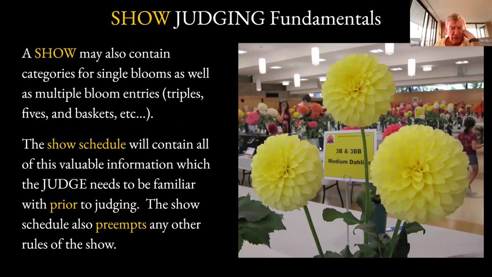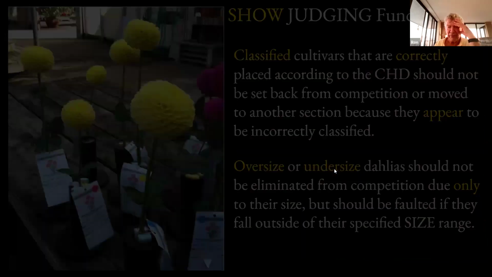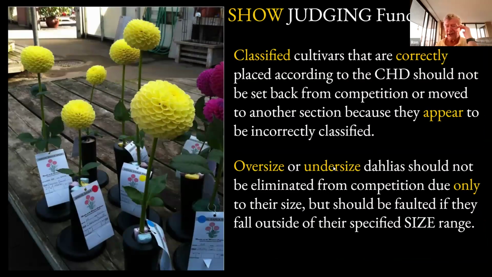Yeah, singles or multiples, and again, that goes back to the show schedule, and that is something that you should be familiar with before you're out in the middle of the show judging it. You need to be conscious of how the show is organized.